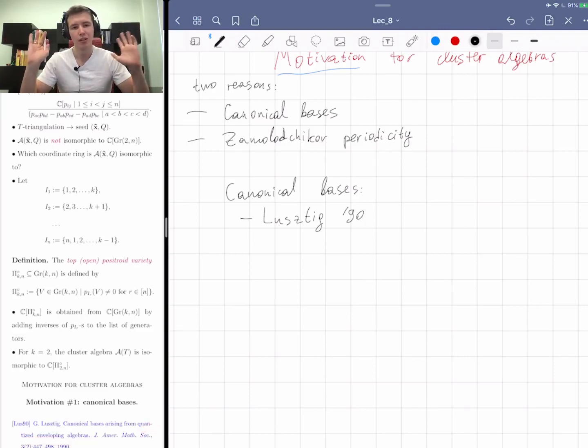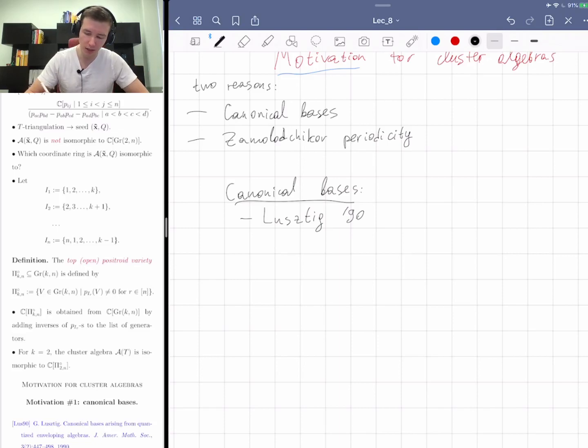Whenever you have a Lie algebra, it has representations, and inside of those representations you want to choose some kind of basis with nice properties. And so he managed to do that. There were some very nice positivity properties, and he showed that there is a unique basis satisfying such nice properties. That was a big result back then. And so cluster algebras were an attempt to understand his canonical basis combinatorially.